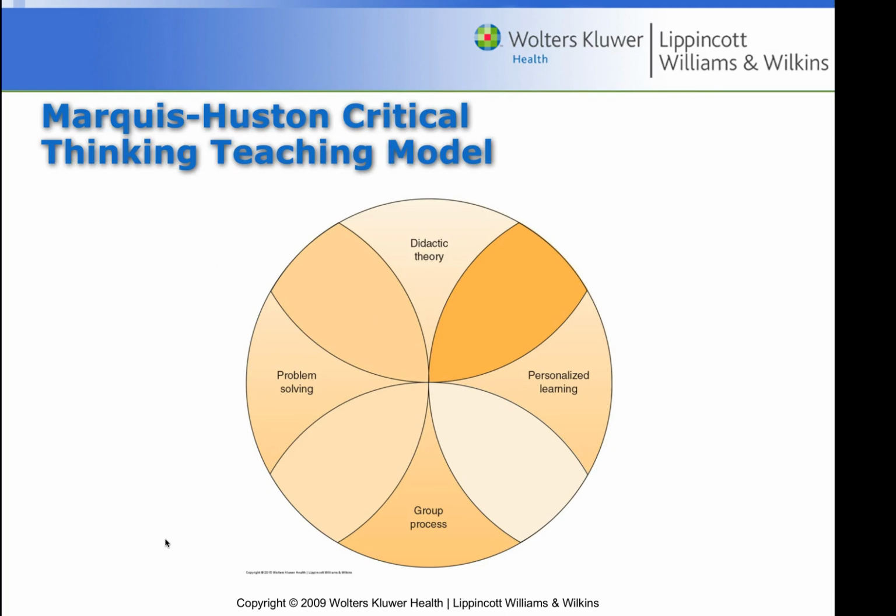Marquis and Huston's critical thinking teaching model believes that when you approach leadership and management, we can use didactic, which is basically the lecture component of the material, the group process, which is your engagement as a group of students, problem solving, which will be encompassed through case studies and classroom discussion, and then personalized learning, which will be how the material that we go through in this chapter is crafted and tweaked and adjusted to meet your personal needs. This is just an overview of the textbook's approach to how this course is laid out.